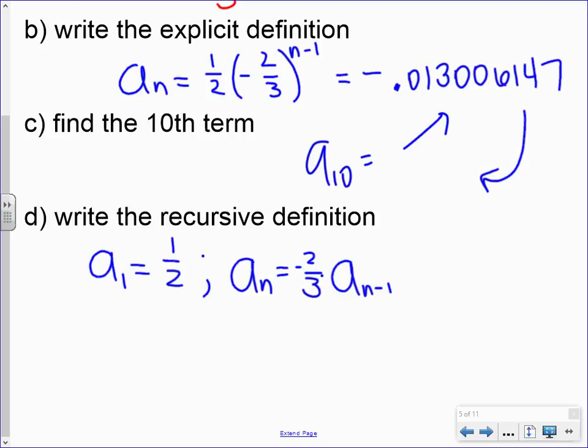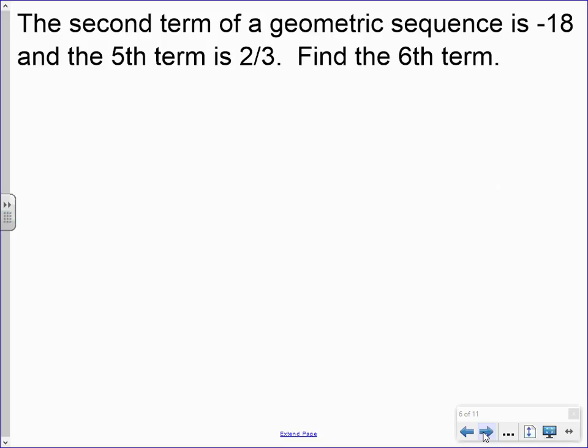Okay? All right, we had a problem similar to this yesterday, but now I am telling you that it's a geometric sequence. Our second term is -18, our fifth term is 2/3, and we want to know the sixth term. What do we need to know about our sequence in order to find the sixth term?